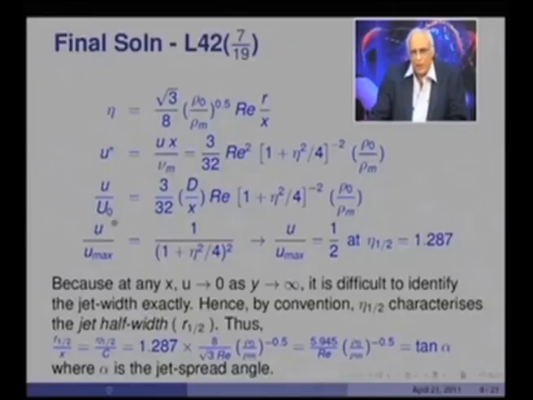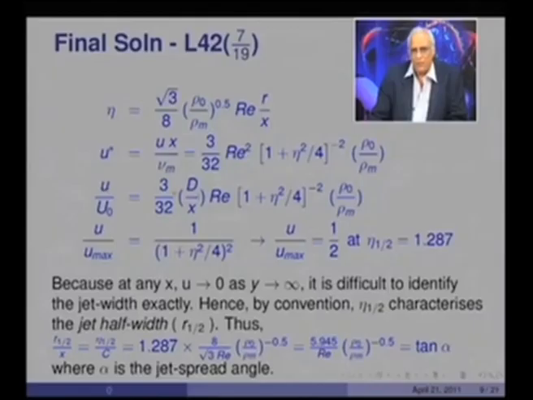This is u divided by u at inlet. It will be a function of x and a function of r, and you can see as x increases u is decreasing, at the same time as radius increases u decreases.